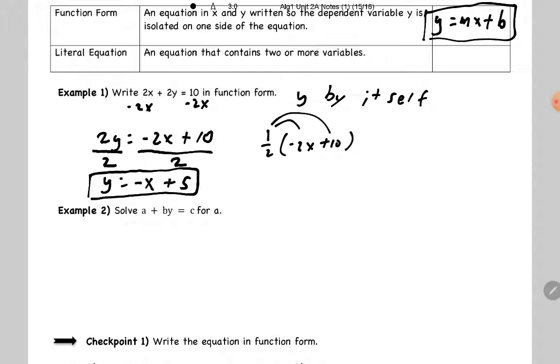So solve this for a. We're trying to get a by itself. It says solve for a, so get a by itself.